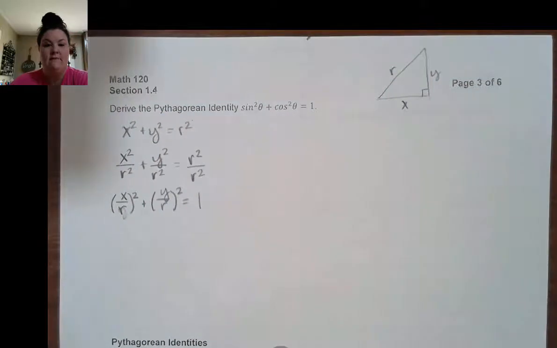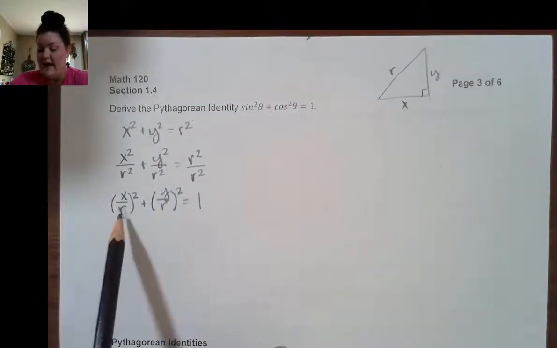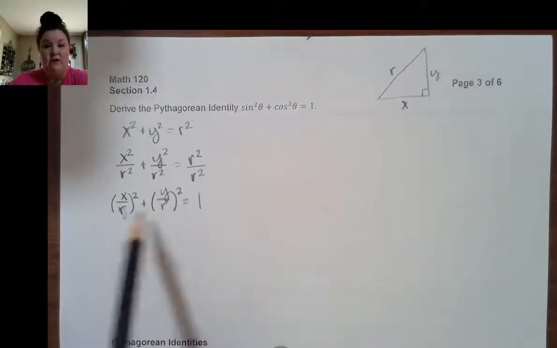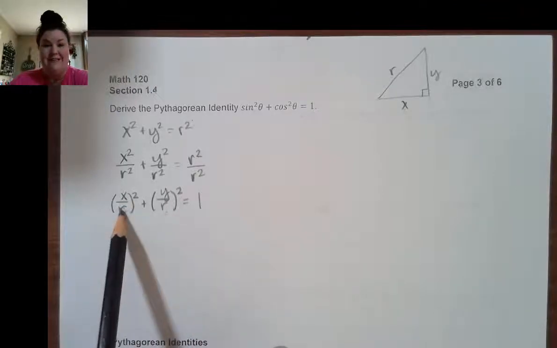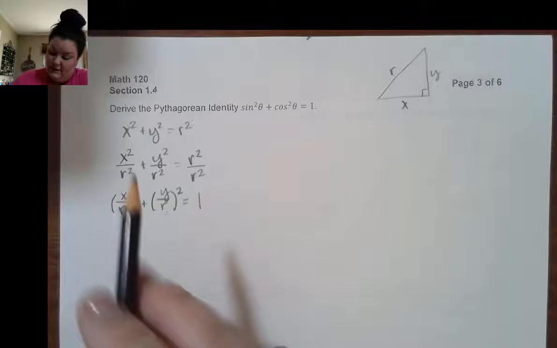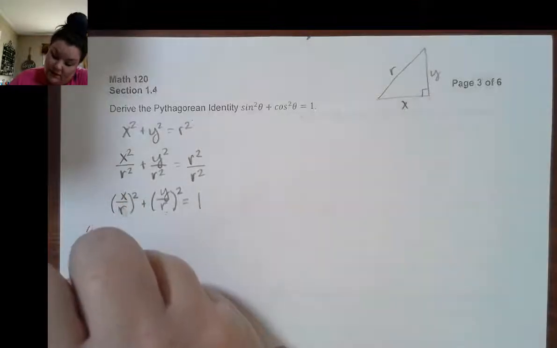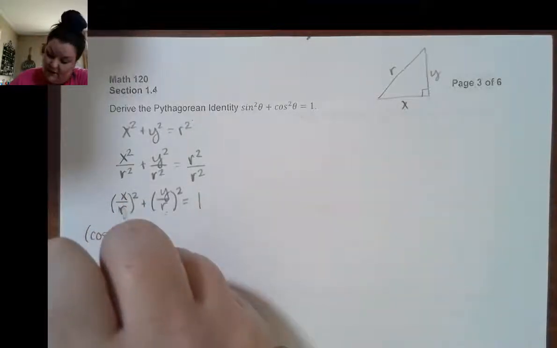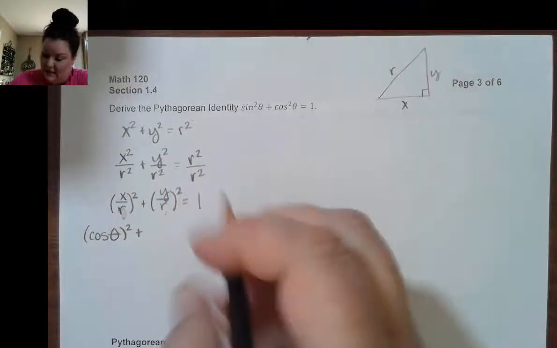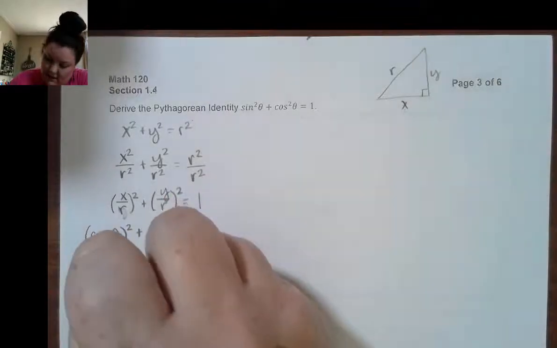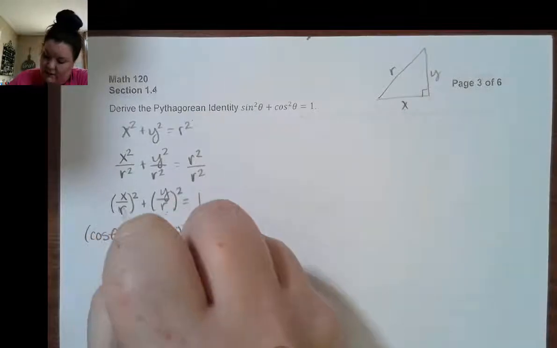And then notice these are actually our trig function values, right? x over r is cosine, so this is the same thing as cosine theta squared. And y over r is the same thing as sine, sine theta squared equals 1.